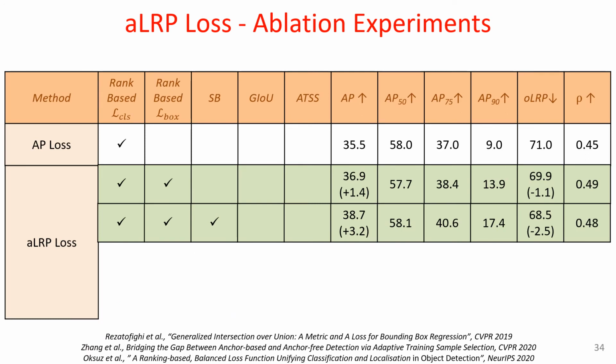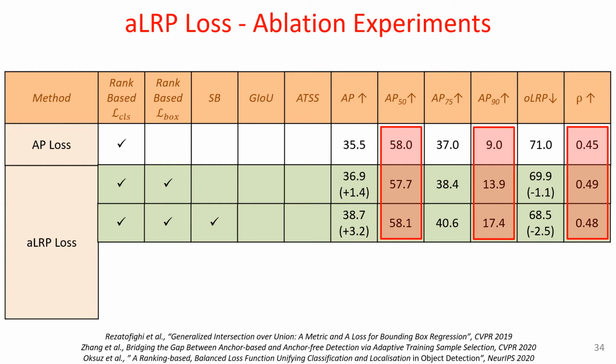Compared to average precision loss, using only a rank-based localization with a naive average LRP loss yields 1.4 average precision improvement. With self-balance, the improvement is more than 3 points. Average LRP loss has similar average precision 50 values but improves average precision 90 significantly. And the correlation between classification and localization also improves.